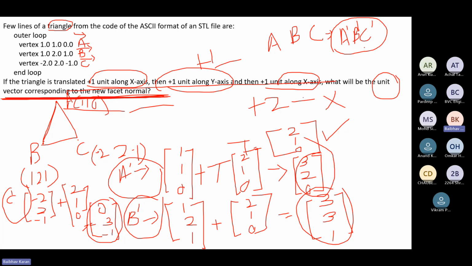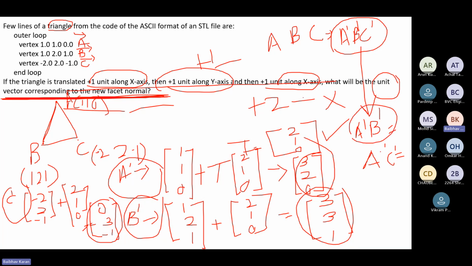Siraj, maybe you can explain, because you answered the first question in the same format and we'll be doing this the same way. Sir, we have points A dash and A, then find the vector A dash A and divide by the modulus of the vector, and the same for B dash. Perfect.